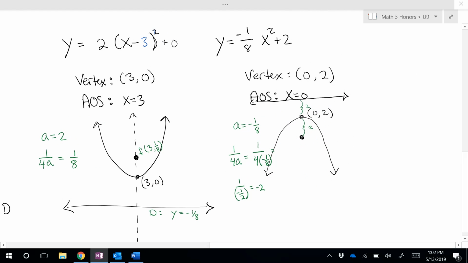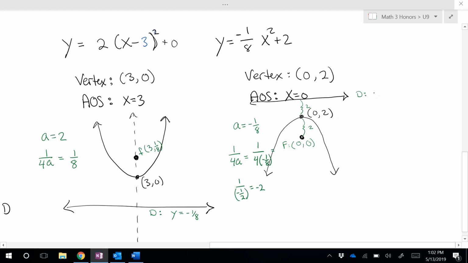How about in this second example here, what would the focus be? (0, 0). So don't move left or right. You went down 2 from 2, so that puts you at (0, 0). So that's going to be at the origin. And then what would the directrix be? So this is our focus.